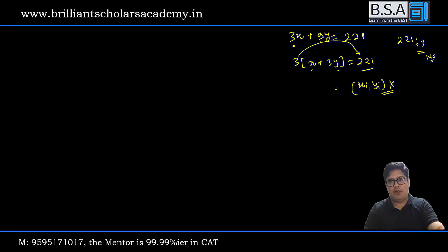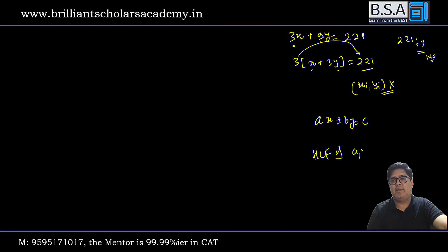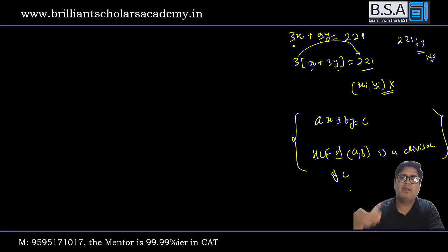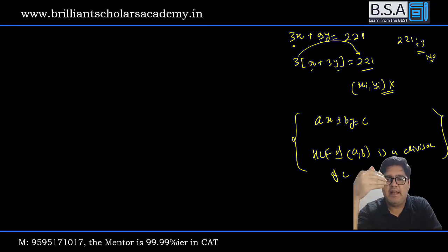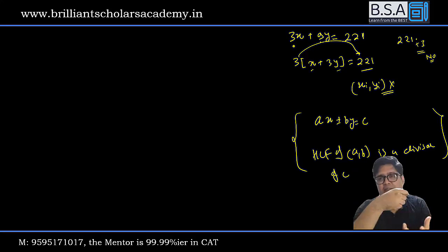There's a mathematical notation for this. Integral solutions are possible only when the HCF of a comma b is a divisor of c. Integral solutions are possible only when HCF of a and b is a divisor of c. अभी highest common factor means 3 common आ गया. 3 is the HCF.